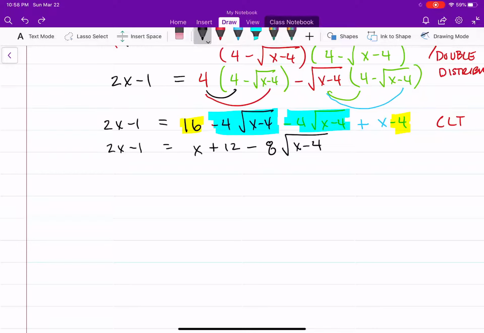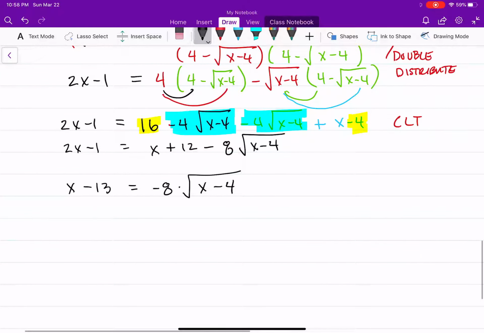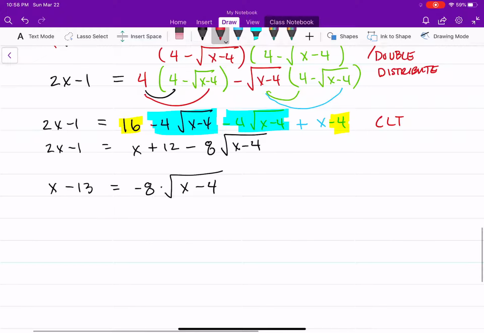And when I do that, I'm going to have x minus 13 is equal to negative 8 square root of x minus 4. Now, I do not need to get rid of the 8. Yes, the radical isn't necessarily by itself, but I can actually do this because I know this rule from exponents.